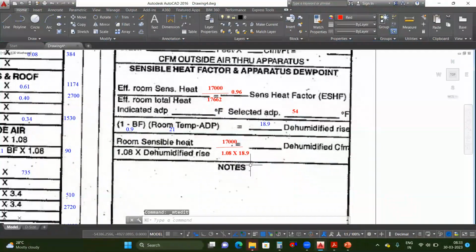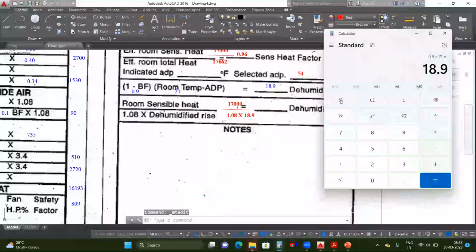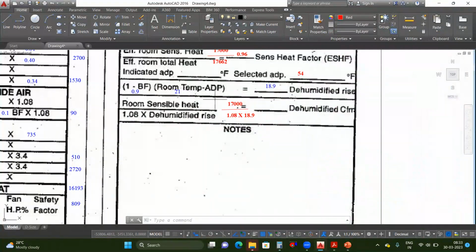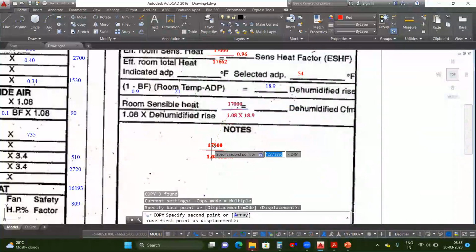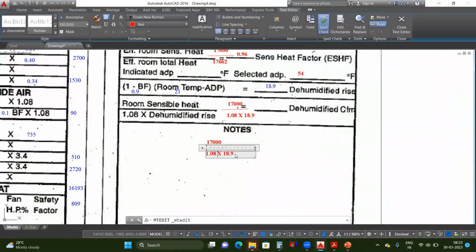1.08 multiplied by 18.9, so we'll get 20.412.